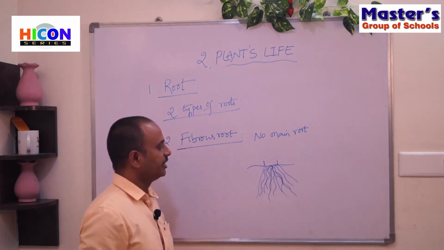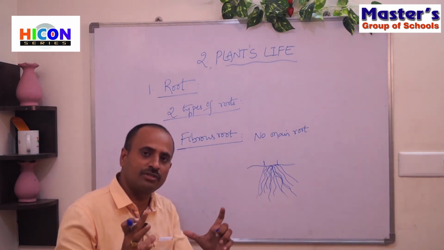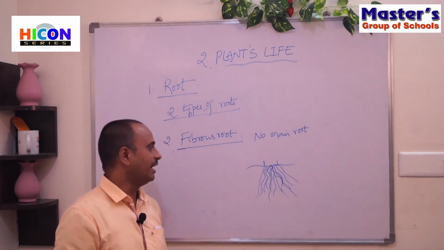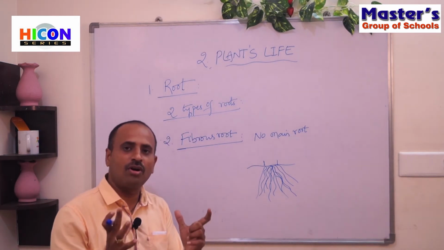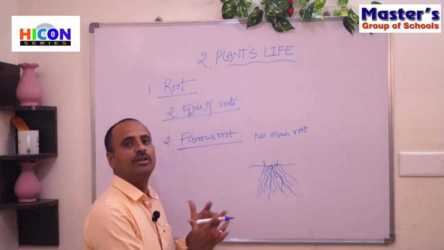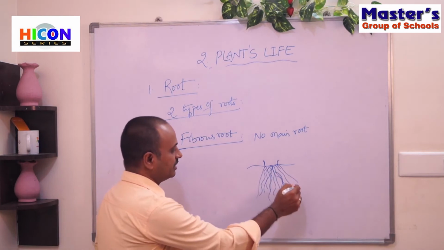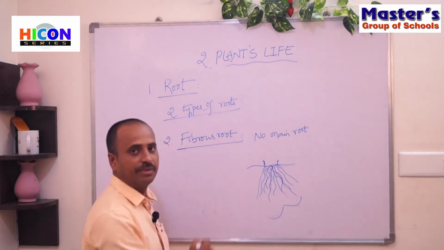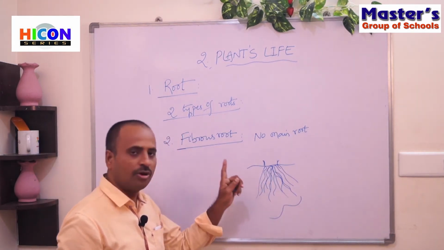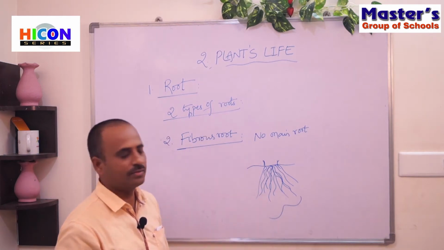It looks like a bunch of small tiny roots, and this bunch of tiny roots will be attached to the middle of the stem. This type of root is called fibrous root, and there will be no main root like in the taproot.